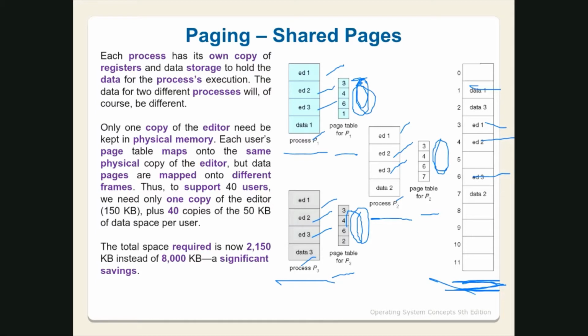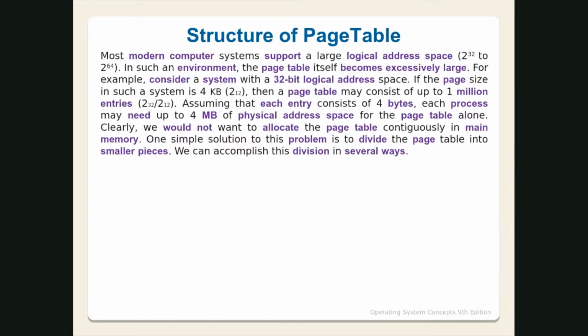You get the idea? So in this way, you are saving the space. I'm not going to require that big space. Do you remember in the previous slide we calculated 8000 KB is needed? Now 2150 KB is enough. So you save the space of the physical memory. I hope you understand.